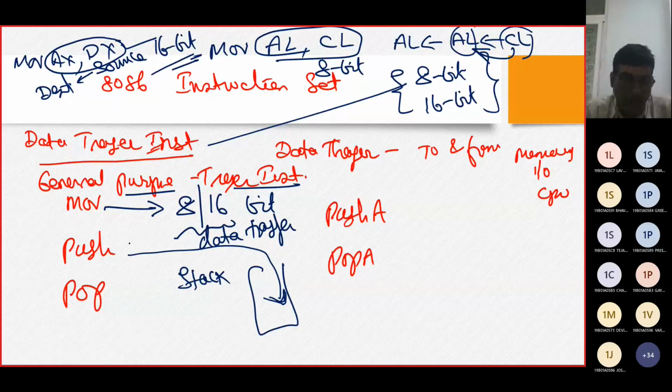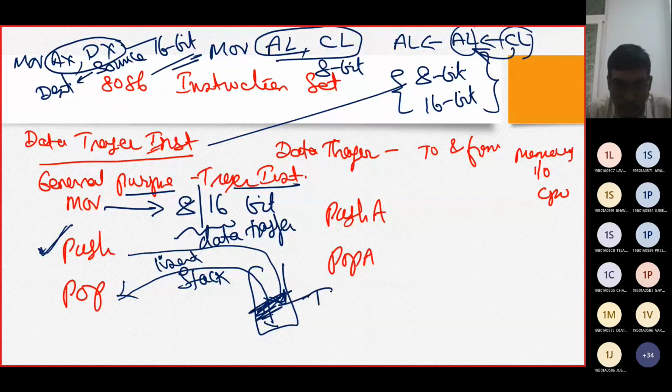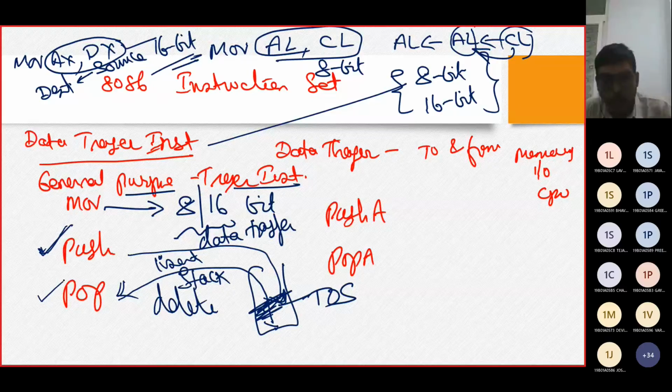That is an insert operation, and we call it push. Whatever is at the top of the stack that we delete, we call a pop operation.